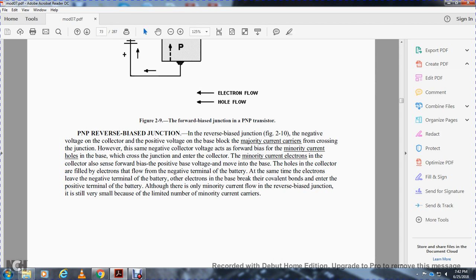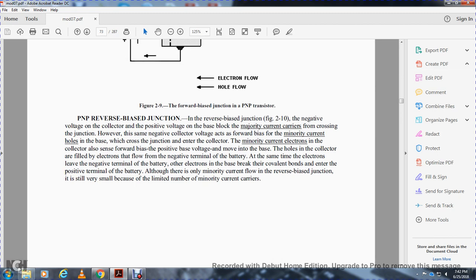The positive base voltage moves into the base, and the holes in the collector are filled with electrons that flow from the negative terminal of the battery. At the same time, electrons leave the negative terminal of the battery, while other electrons in the base break covalent bonds and enter the positive terminal of the battery. Although the minority current flow across the reverse-biased junction is still very small because of the limited number of minority current carriers.